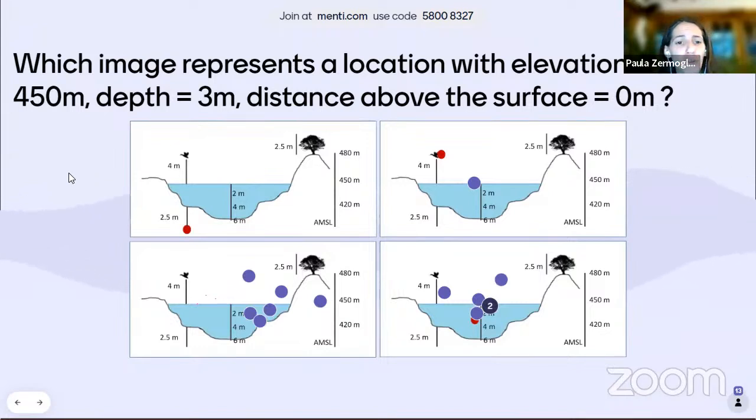So does anyone want to speak up and explain why the first one is not correct? Anyone?